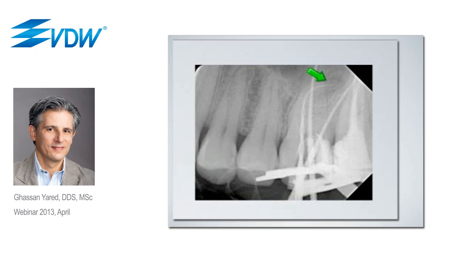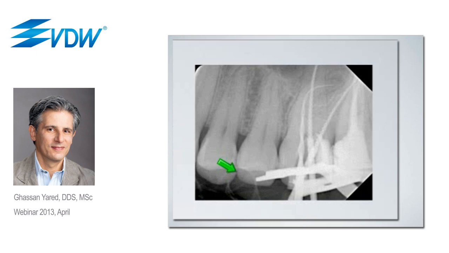I'm not going to comment on the fact that the canal preparation was short. I'm not going to comment on the fact that the obturation was short. I'm just going to comment on the fact that he used so many instruments in a canal like this one with a result that isn't that perfect.